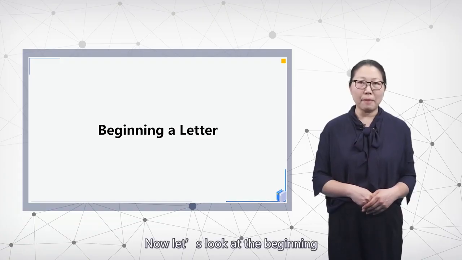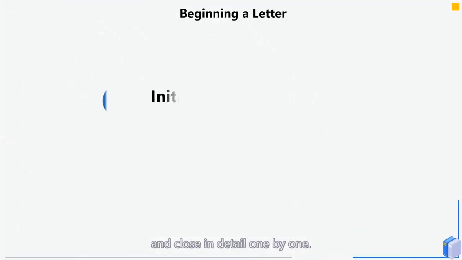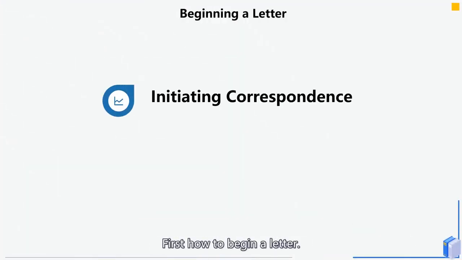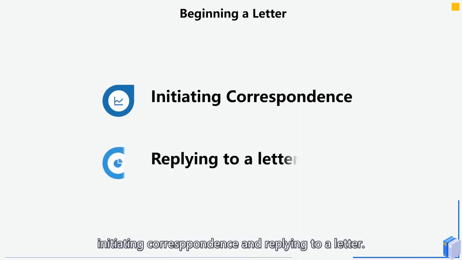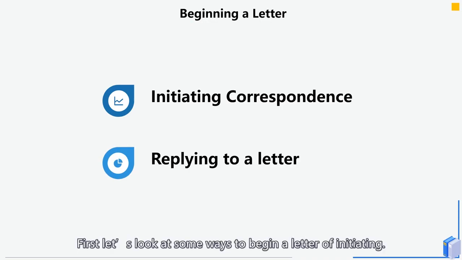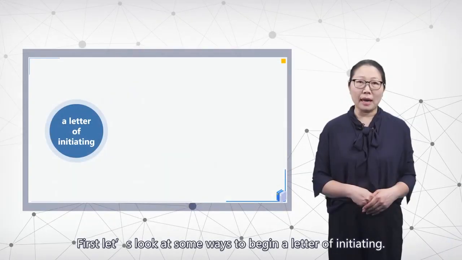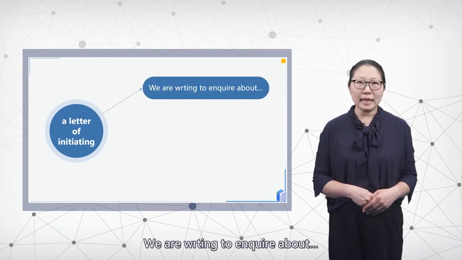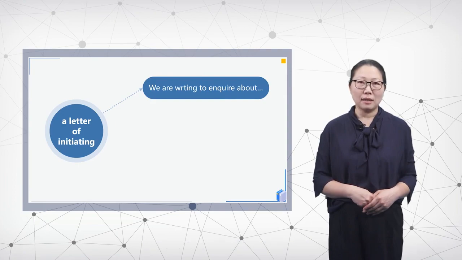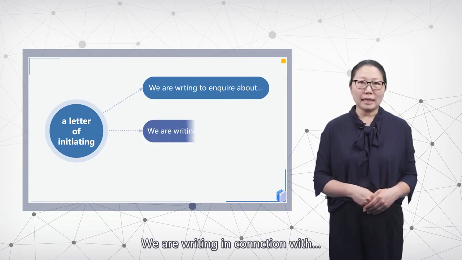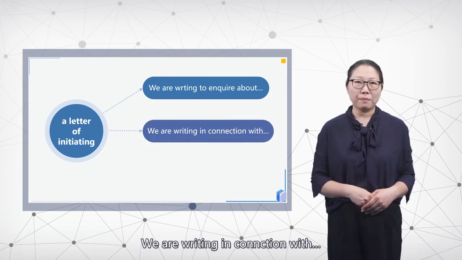Now let's look at the beginning and close in detail one by one. First, how to begin a letter. There are two sets of opening: initiating correspondence and replying to a letter. First, let's look at some ways to begin a letter of initiating. We are writing to inquire about. We are writing in connection with.